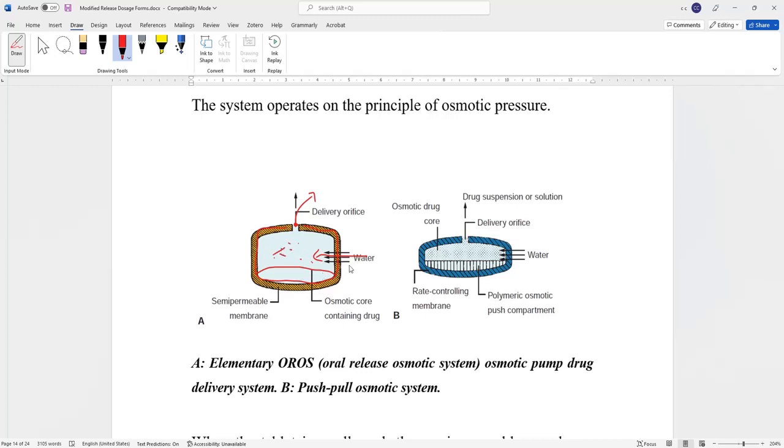So when the fluid gets in, when the water gets in and starts dissolving the polymeric osmotic material, it will create an osmotic pressure. This means more water will start coming inside, and this will create a pressure so that the drug will be released in a controlled manner. Okay.